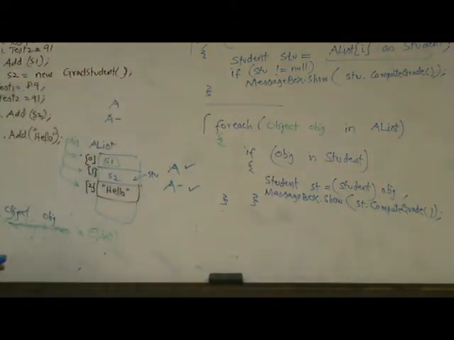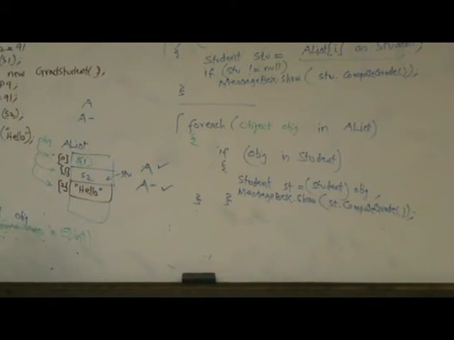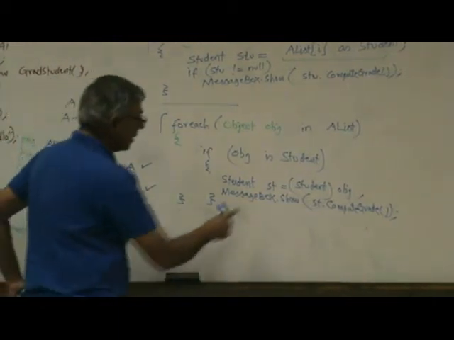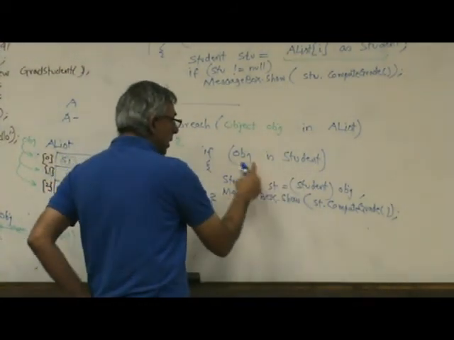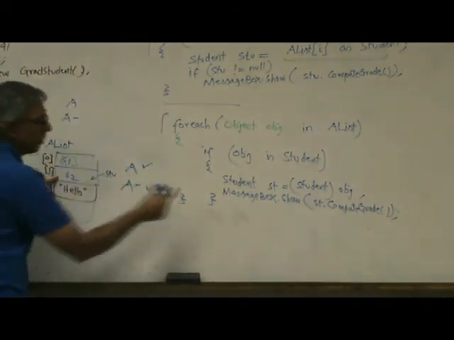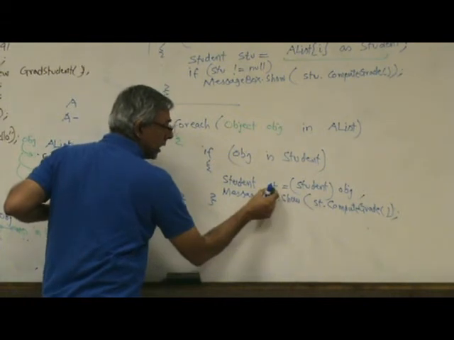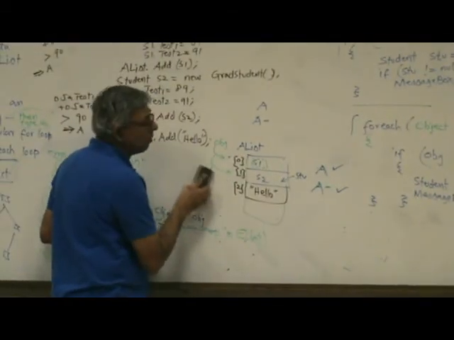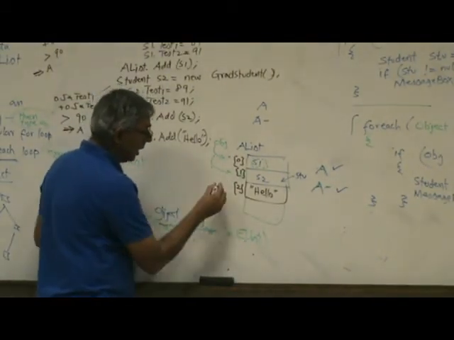Okay, so again we are checking, and if OBJ is a student, only then we typecast and obtain a student type reference. So what will happen third time through the loop when OBJ is pointing over here?